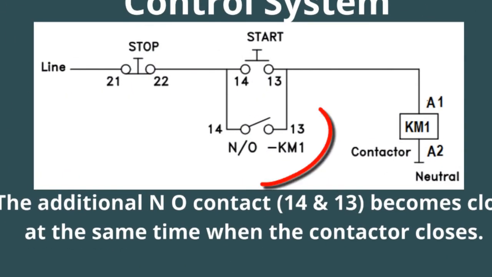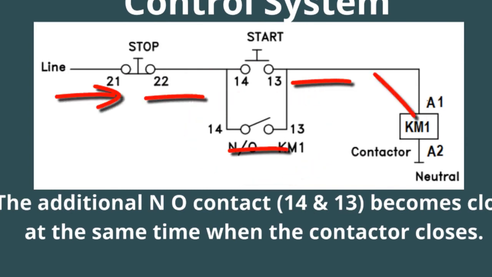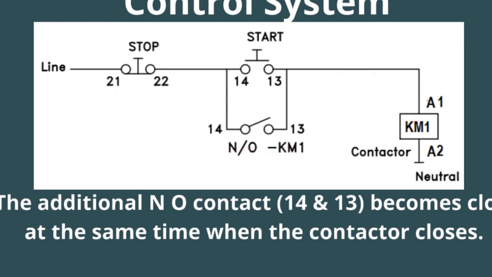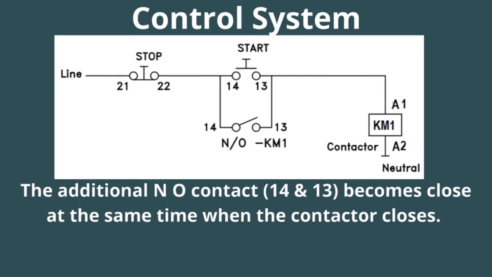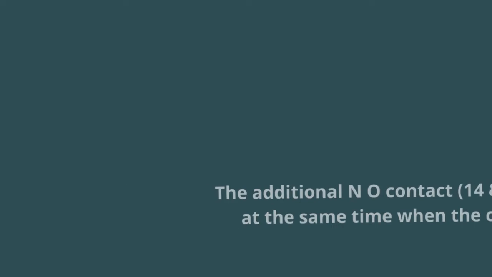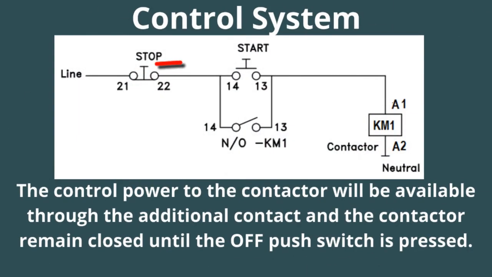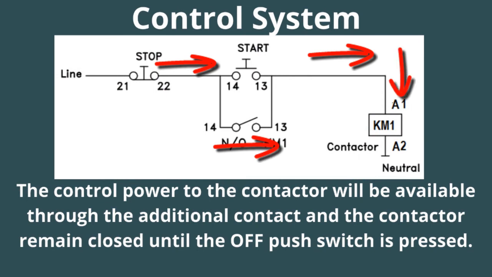The additional NO contact closes at the same time as the contactor closes. The control power to the contactor will be available through the additional contact, and the contactor remains closed until the off push switch is pressed.